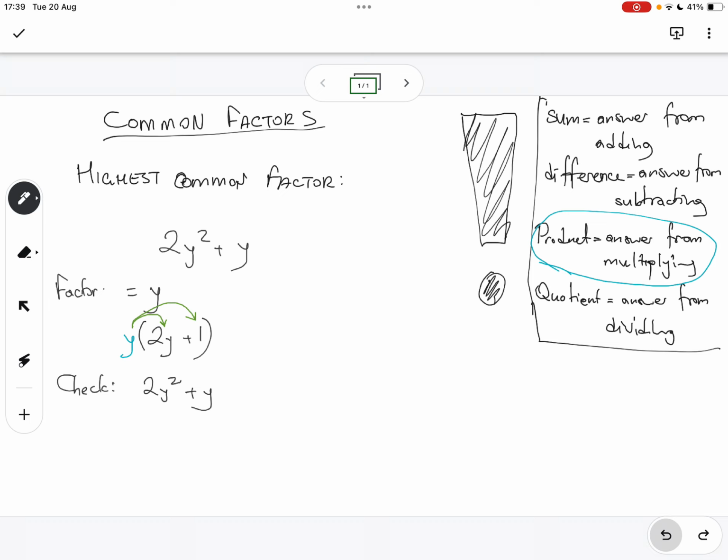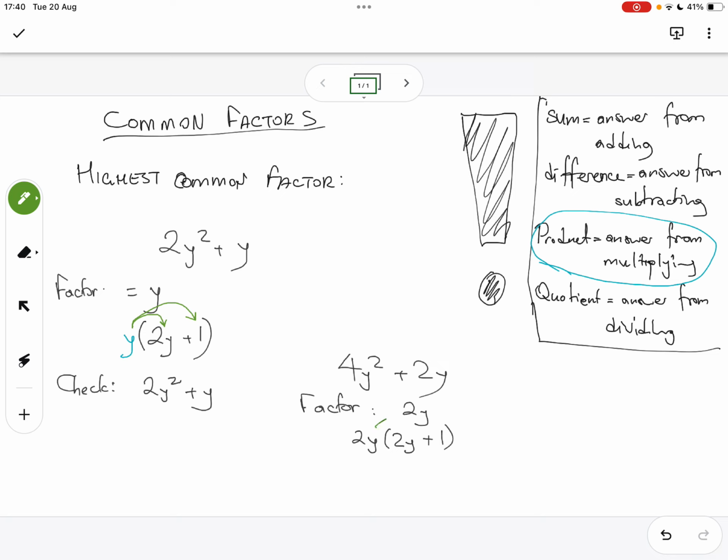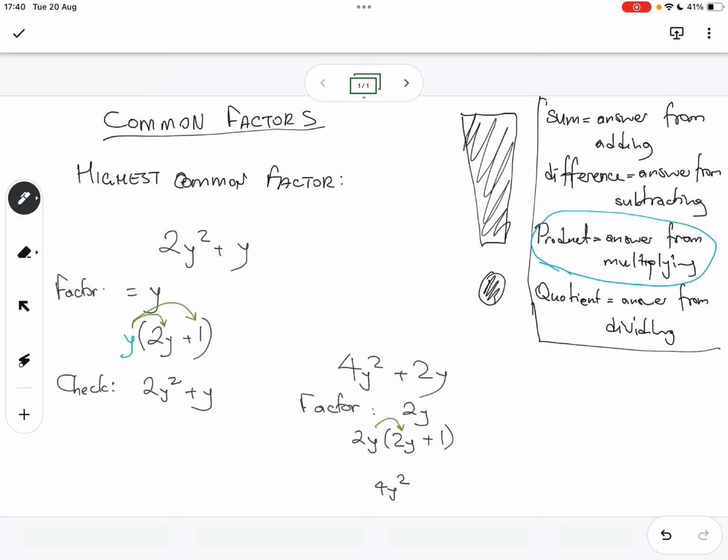If we had a 2 somewhere here, maybe we'd take it out. Let me make an example. Let's say we have 4y squared plus 2y. If we take out a factor of 2y, then we will have 2y into 2y plus 1.